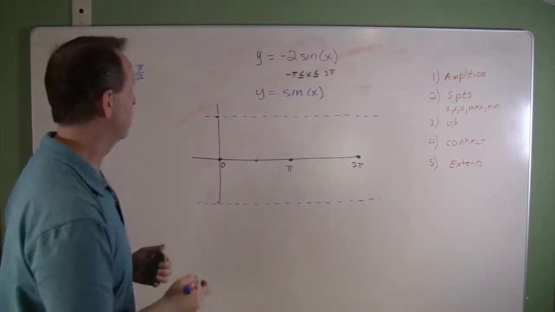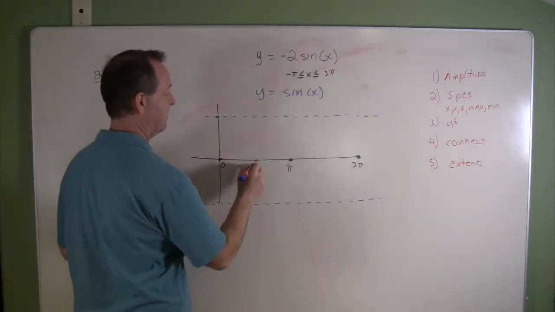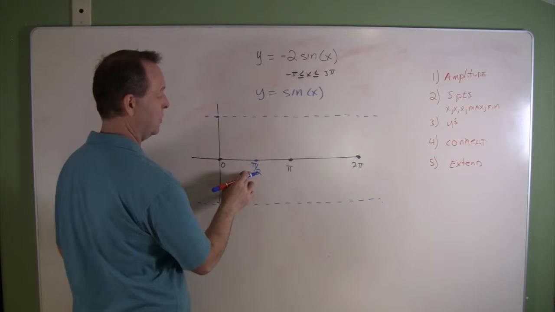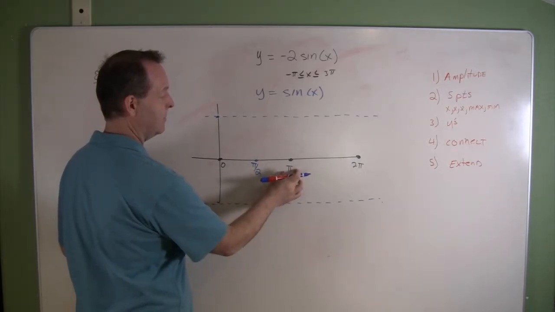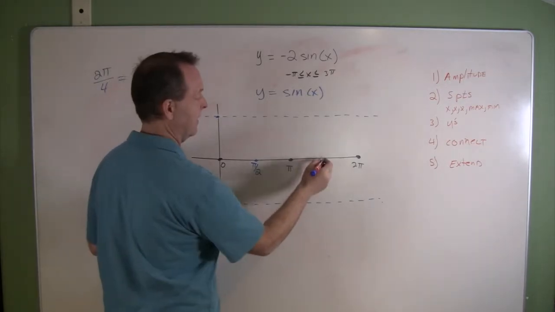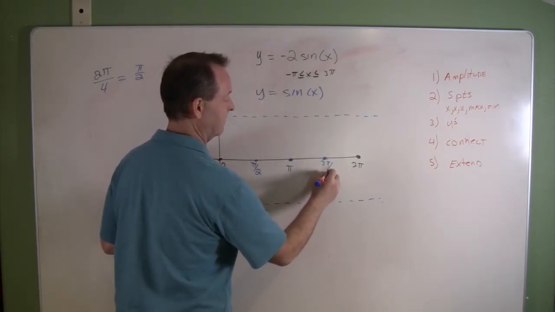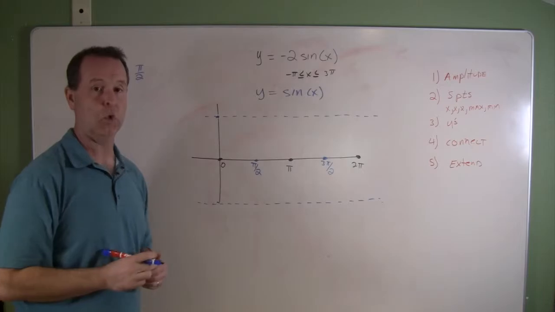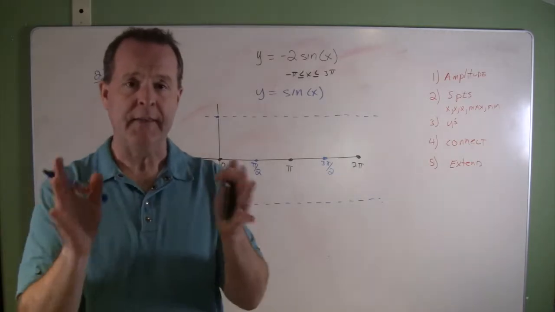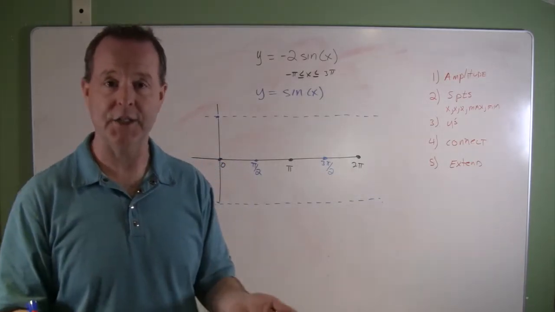That's a key marker. So here at pi halves, something cool is happening. At another pi halves, something cool is happening. Another pi halves, something cool is happening. And another pi halves, something cool is happening. And so that's how we divide the graph up into 4 sections.